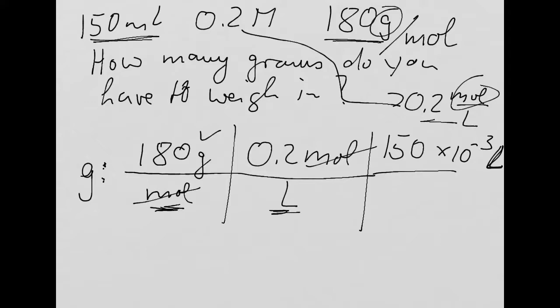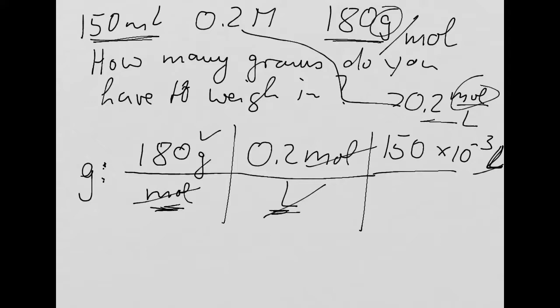Right. Have you used any equation so far? No, not really. What happens to the liter? Yee-hoo! Hasta la vista. What's the unit that's left? Grams. Yes. What did we want?